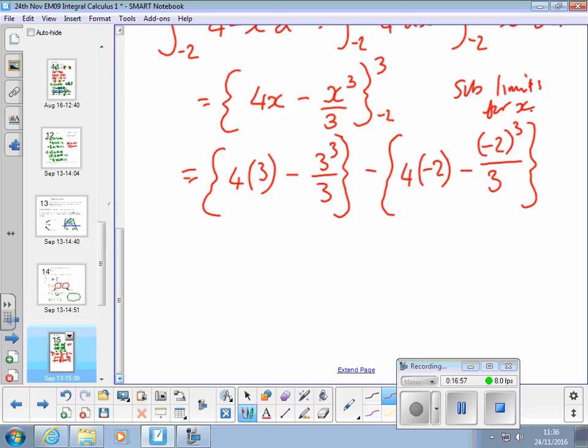And what do you get? That bit is 12. 27 over 3 is 9. Minus 4 times minus 2 is, take away minus 2 all squared, cube, sorry, minus 8 over 3.